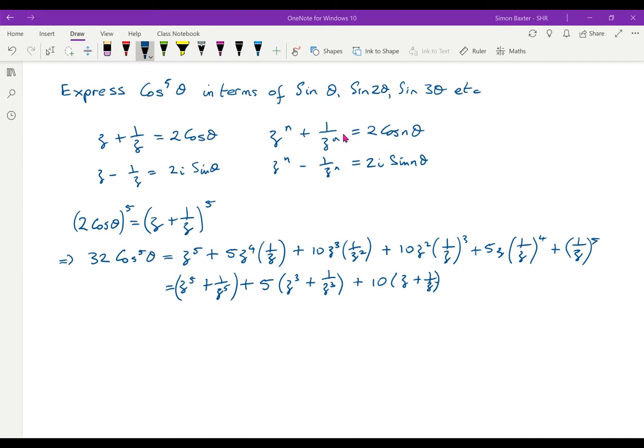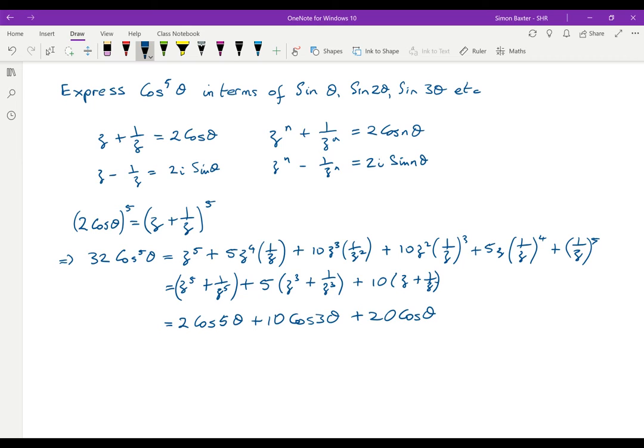This one is 2 cos 3 theta. And this one is 2 cos 1 theta, or you've got it there. Two times 5 is 10. And 2 times 10 is 20.